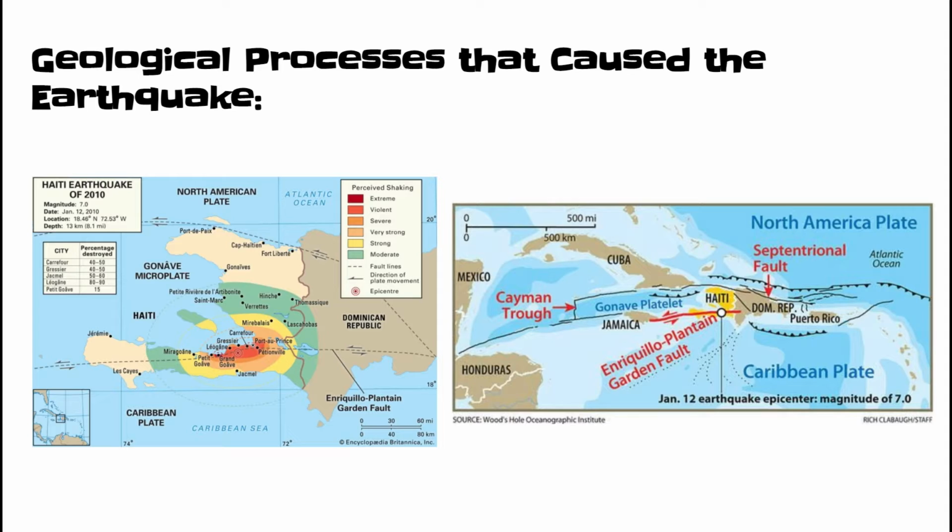And then towards the outer edges, which stretch out about 100 miles on either end, those areas would have had some moderate damage, going all the way into the Dominican Republic as well. And then on the right, you can see the faults that are surrounding where the original fault was that caused the earthquake.